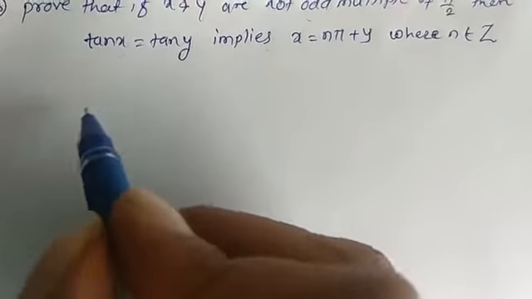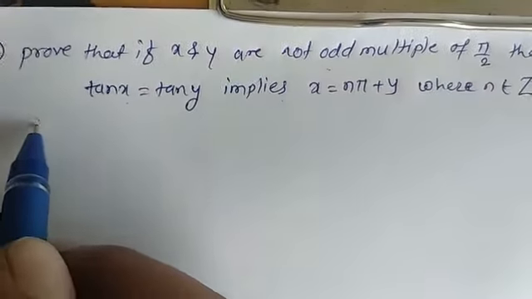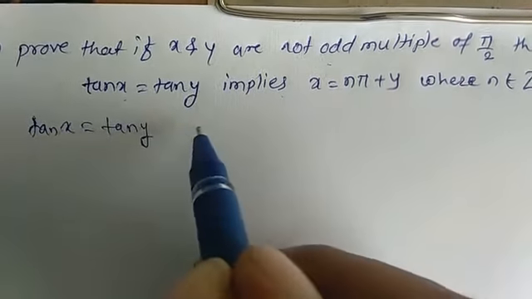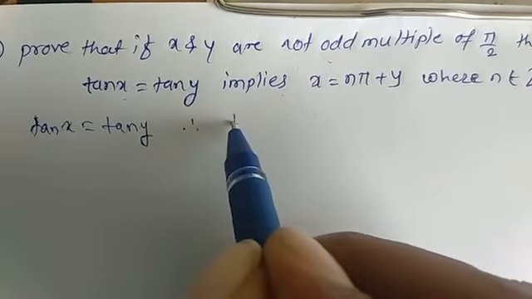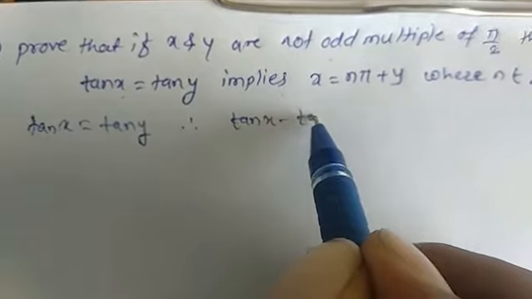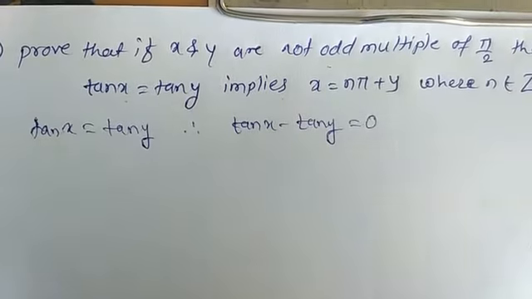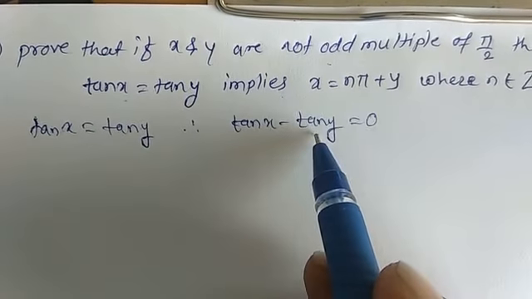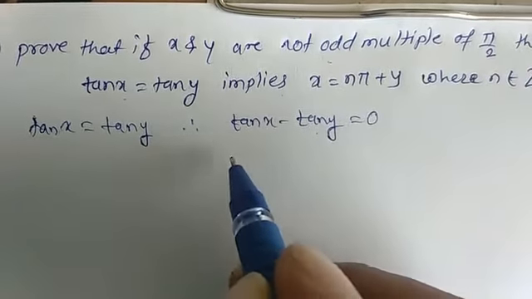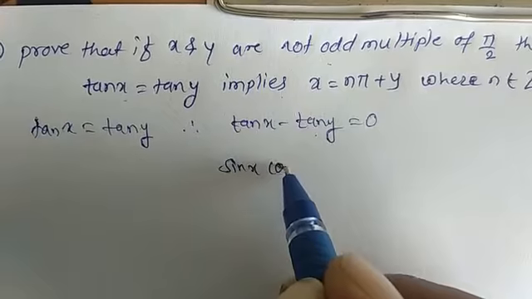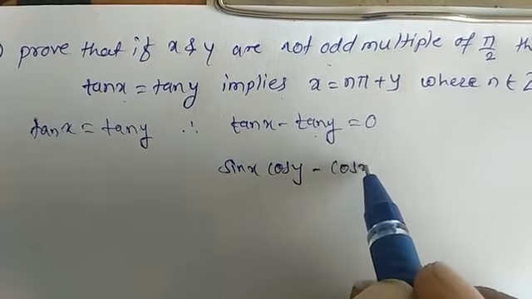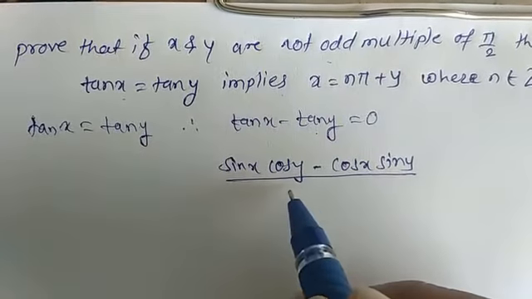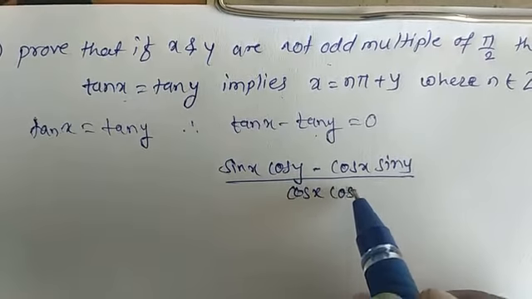So here, given that tan x is equal to tan y, which implies, or we can write, tan x minus tan y is equal to 0. Okay, so as we know, tan x minus tan y can be written as (sin x cos y minus cos x sin y) upon cos x cos y, equal to 0.